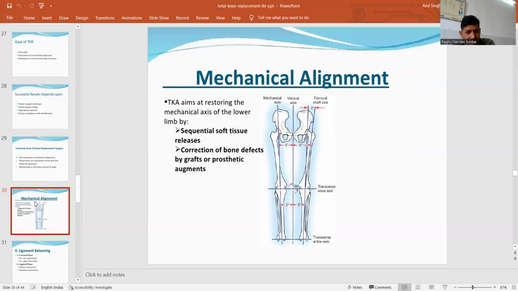When we draw a line from the ASIS, center of hip, center of knee joint, and second toe of the foot, you should always check mechanical alignment.